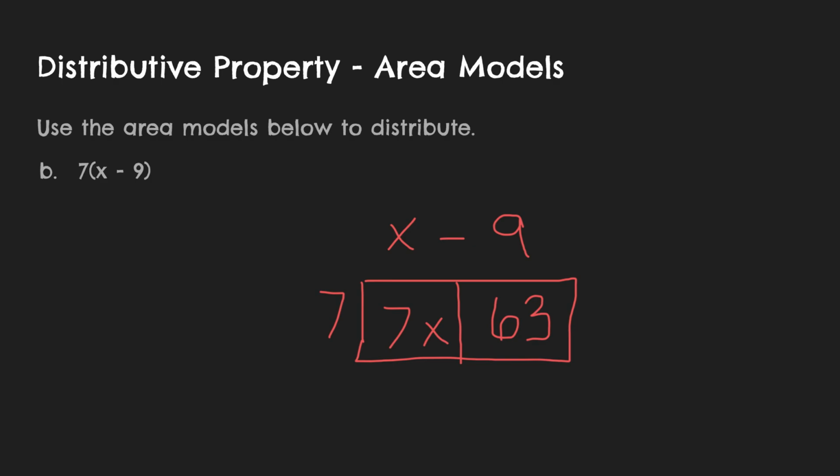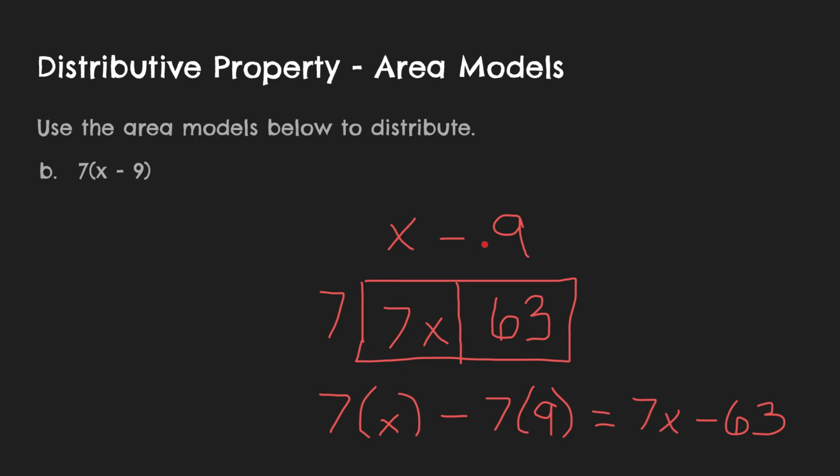So if I wrote it in expanded form, I did 7 times x, I distributed it, and then I did minus 7 times 9. And then that gave us our answer of 7x minus 63. Pay attention.